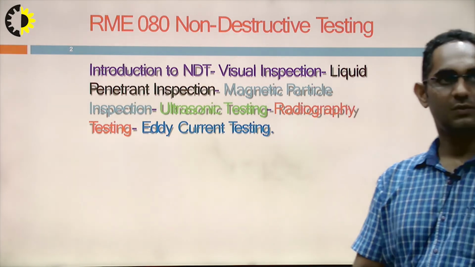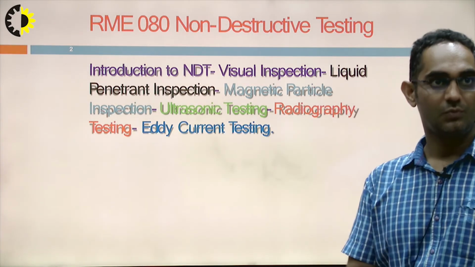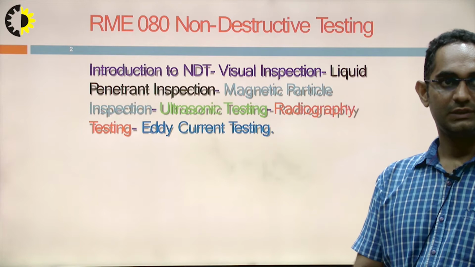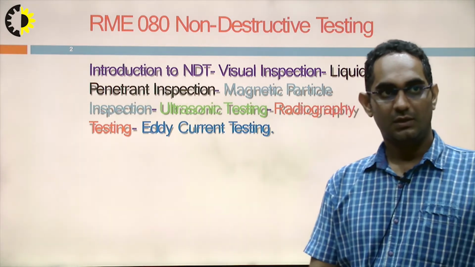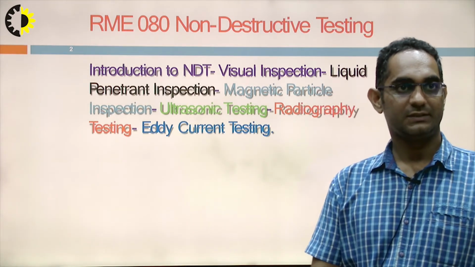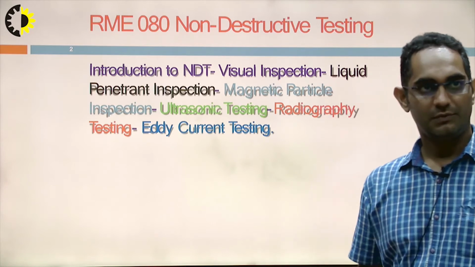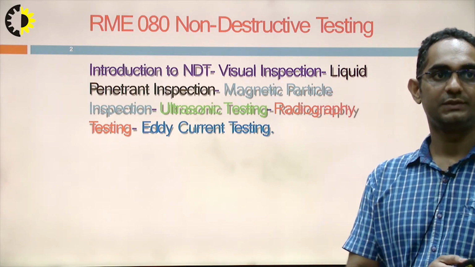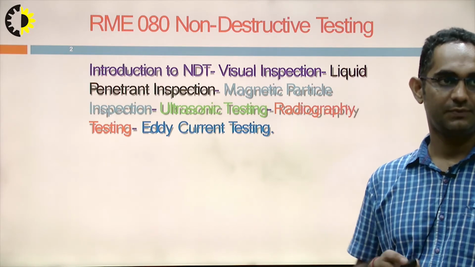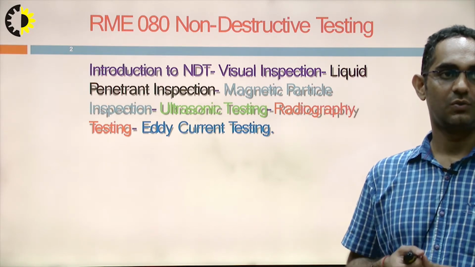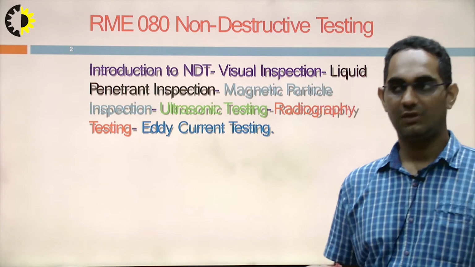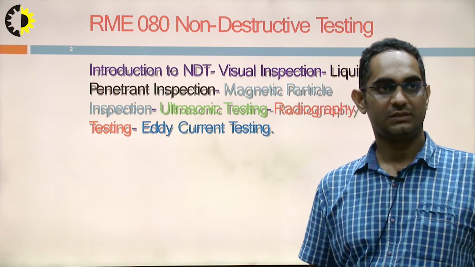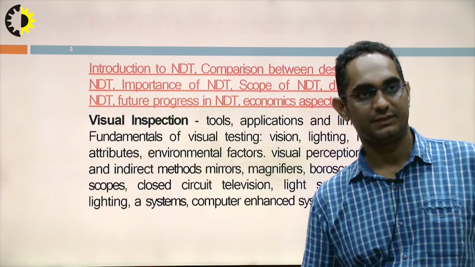In this we will cover the introduction to NDT, visual inspection, liquid penetrant inspection, and magnetic particle inspection. We will discuss these topics in this class. Then the inspection methods also include ultrasonic testing, radiography, and eddy current testing.